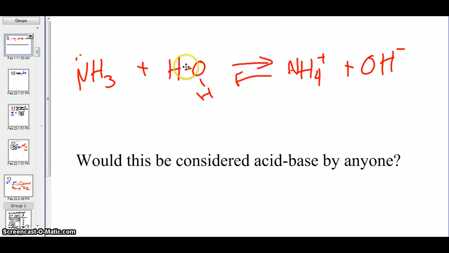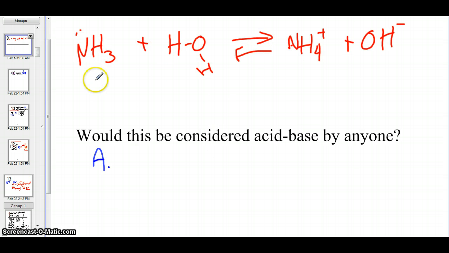Ammonia in water, does it produce hydroxide ions? Yes. So what would you say? It's an Arrhenius base. You're right. And does the ammonia accept a proton from water? Yes. So not only is it an Arrhenius base, but it's also a Bronsted-Lowry base.